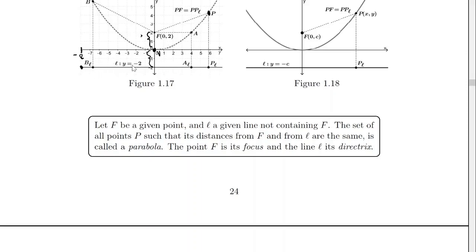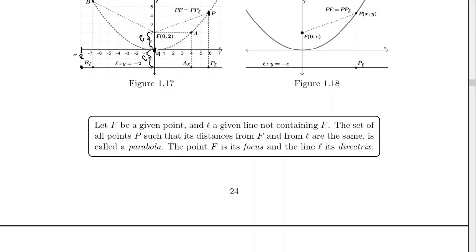We have the focus, we have the directrix, we have the axis of the parabola, and through this axis, the parabola is symmetrically U-shaped, and we can call this distance c.